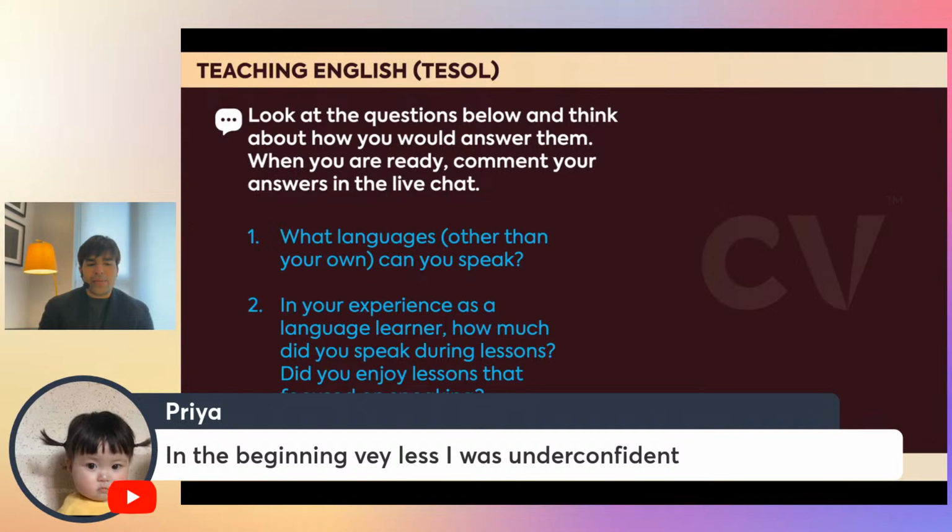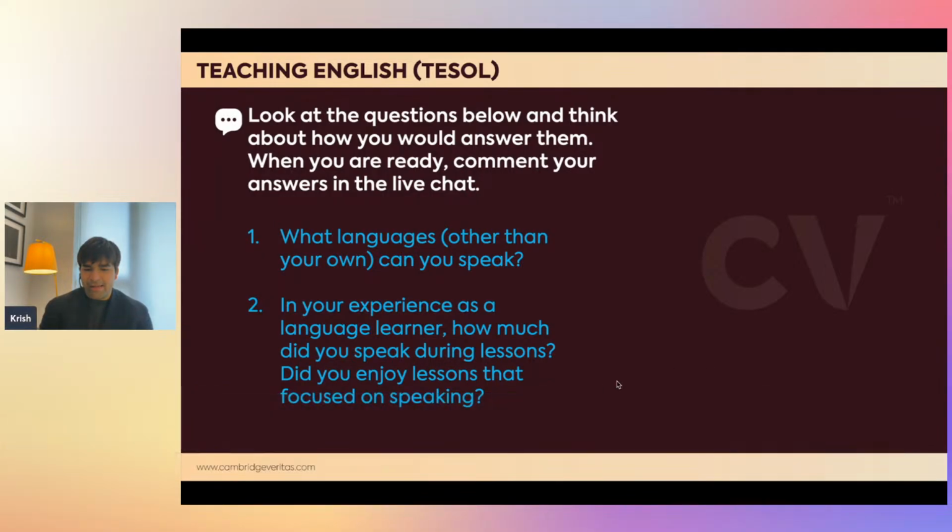Priya says, in the beginning, very less. I was underconfident. Thank you, Priya. Thanks for mentioning that. In my personal experience, thankfully, the atmosphere that I was in, it was 100% English, even if it was broken English, so that didn't matter.